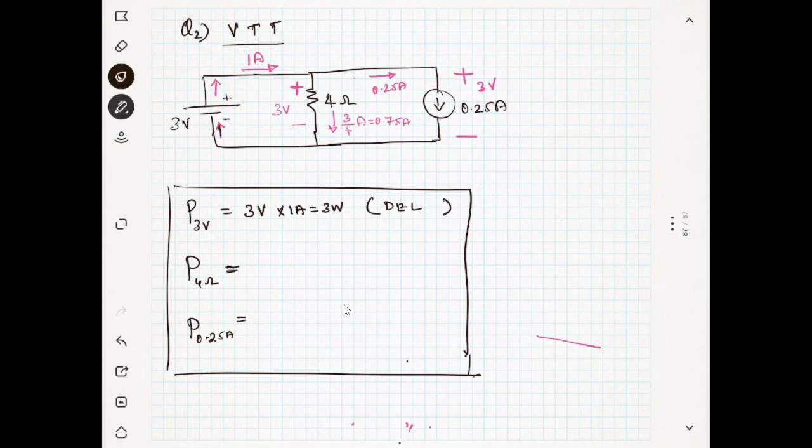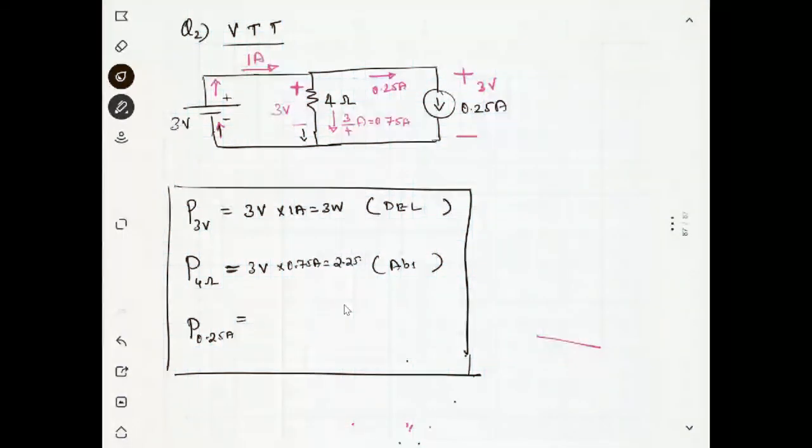Be careful regarding this. Now regarding the 4 ohm resistance, the current is going away from the negative terminal, so definitely it will be absorbing. You know the voltage is 3 volt and the current is 0.75 ampere, so 3 into 3 by 4 is 2.25 watts.